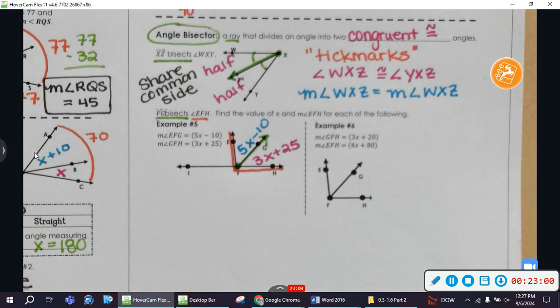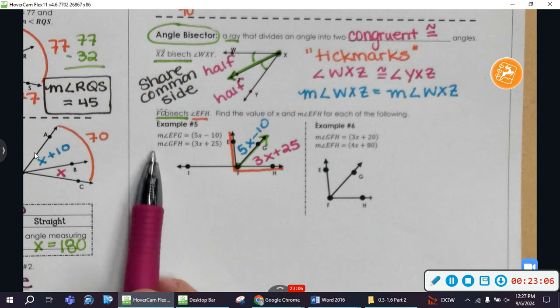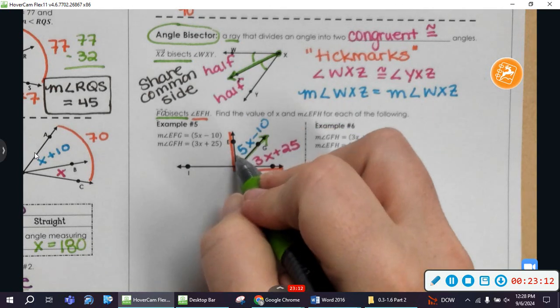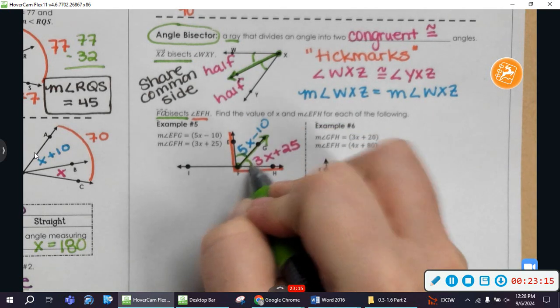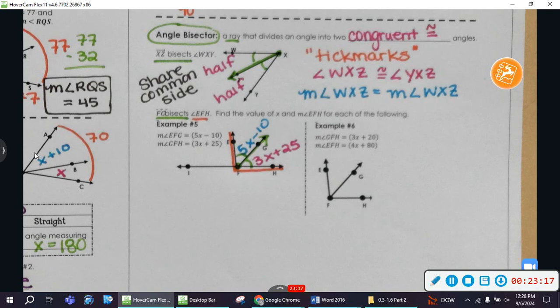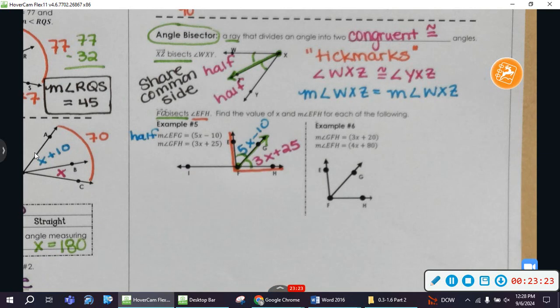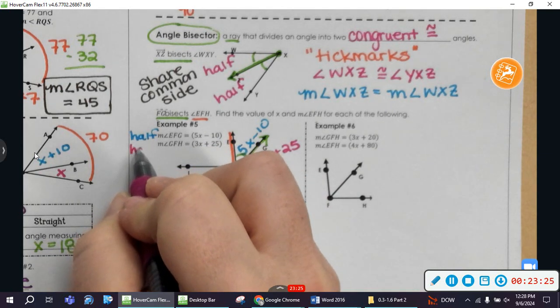So earlier we said part plus part equals whole. Well, they didn't give me any information for the whole thing. The only thing they told me was that it bisects. And if it bisects, then that means that this is exactly cut in half and half.